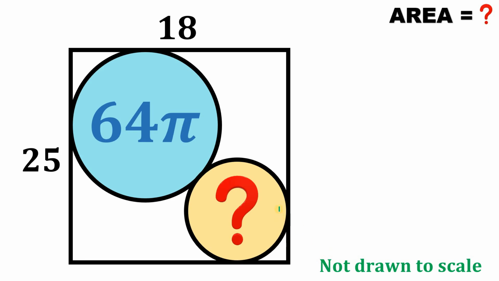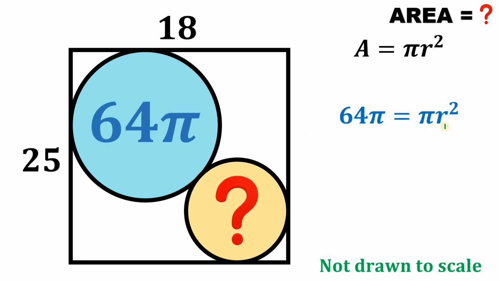Alright, so to find the value of this area, let's consider the formula for the area of a circle: area equals pi r squared. We know the area of this blue circle is 64 pi, so we can find its radius.